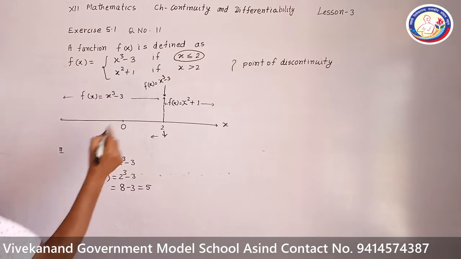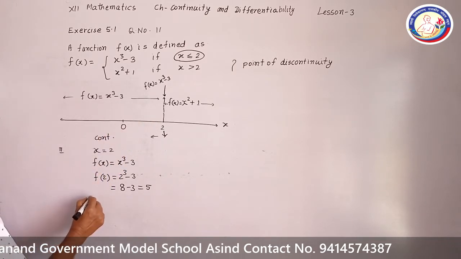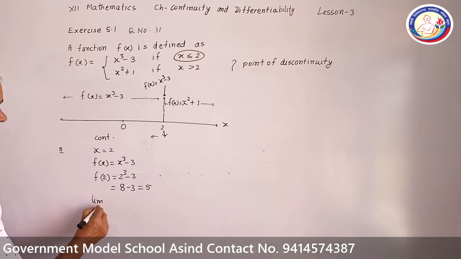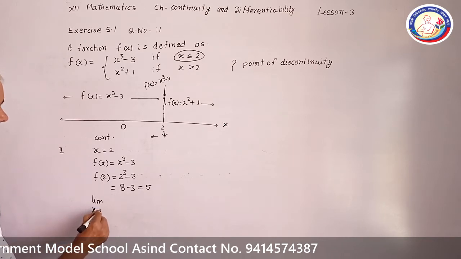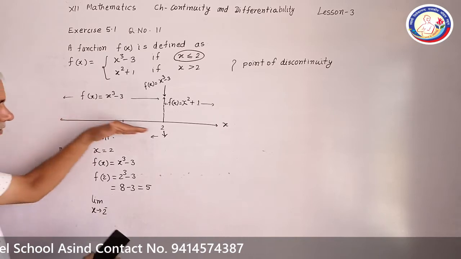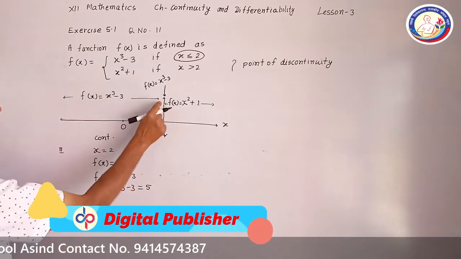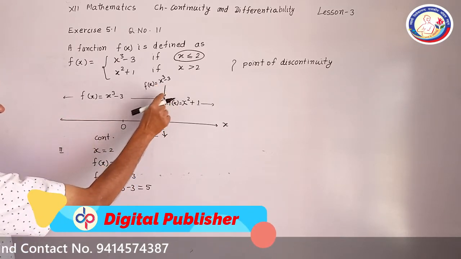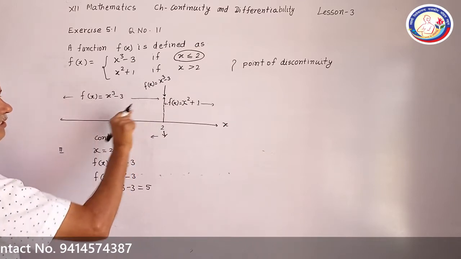First of all, find the left hand limit. Limit x tending to 2 minus, approaching from the left side.